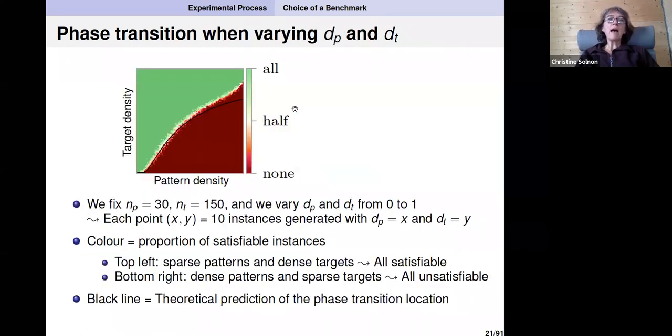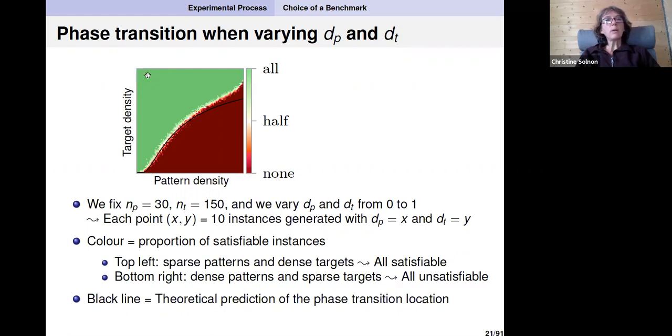Now we can have a more global picture by varying both the density for the target graph and the density for the pattern graph. So here on the x-axis, I vary the number of edges in the pattern, and on the y-axis, I vary the number of edges in the target.